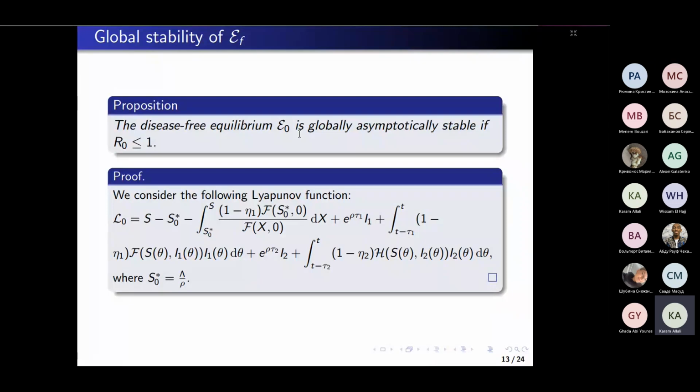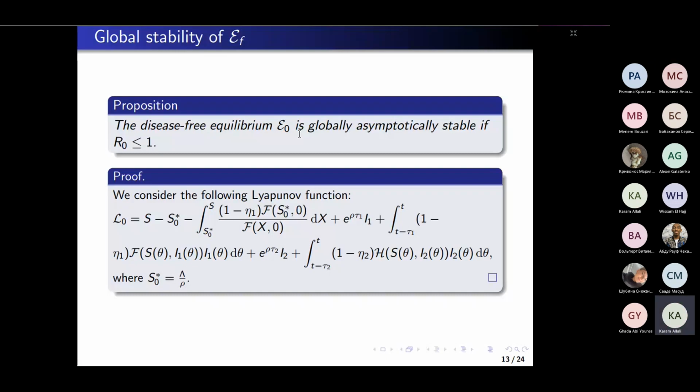This is the definition of the basic reproduction number: how many individuals one infected individual will infect in an entire population formed only by susceptibles.